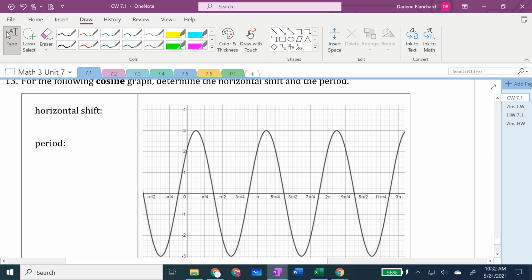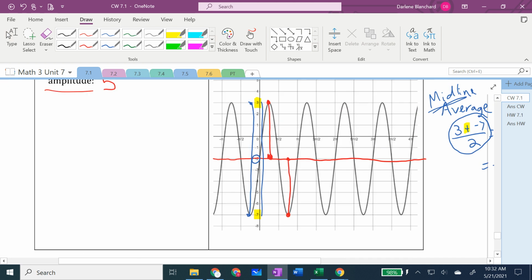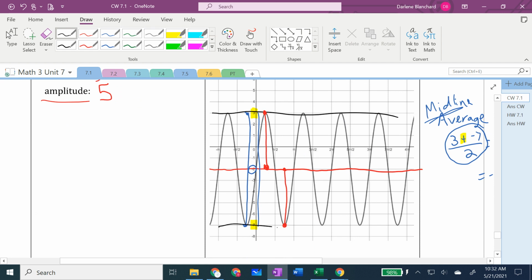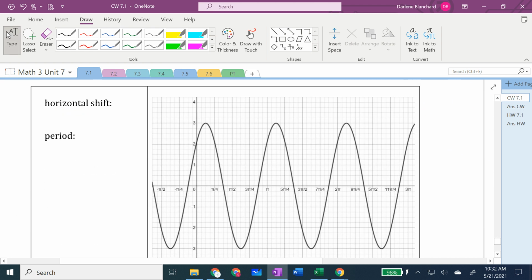And what I'm trying to do is figure out where is a full cycle. When I needed to do y values, that was easier. I could just look at where is the highest, where is the lowest. But when I'm trying to figure out my horizontal shift and period, I actually need to find where does a cycle begin and where does a cycle end.